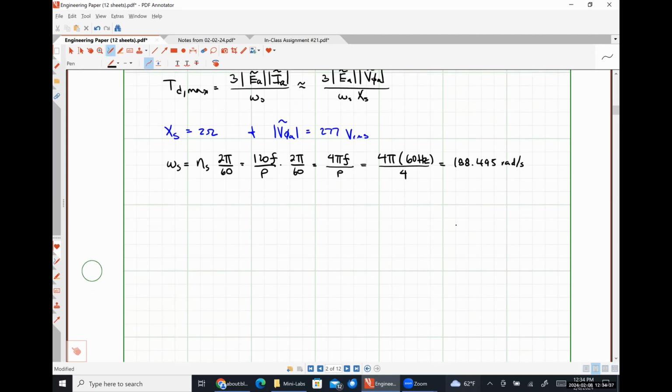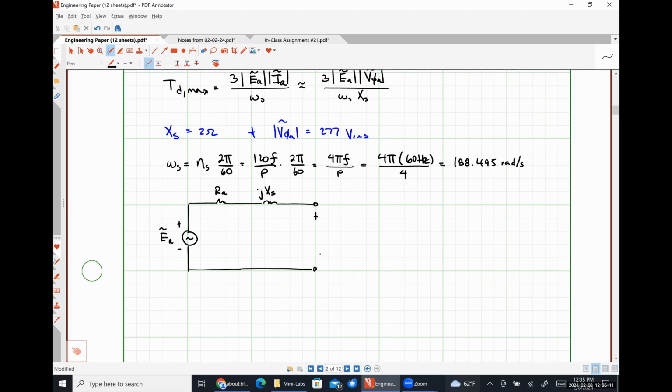So the equivalent circuit for one phase of the stator looks something like this, where here's our voltage E_A, here's our resistance R_A, here's our synchronous reactance jX_S, and then here is our terminals, right?